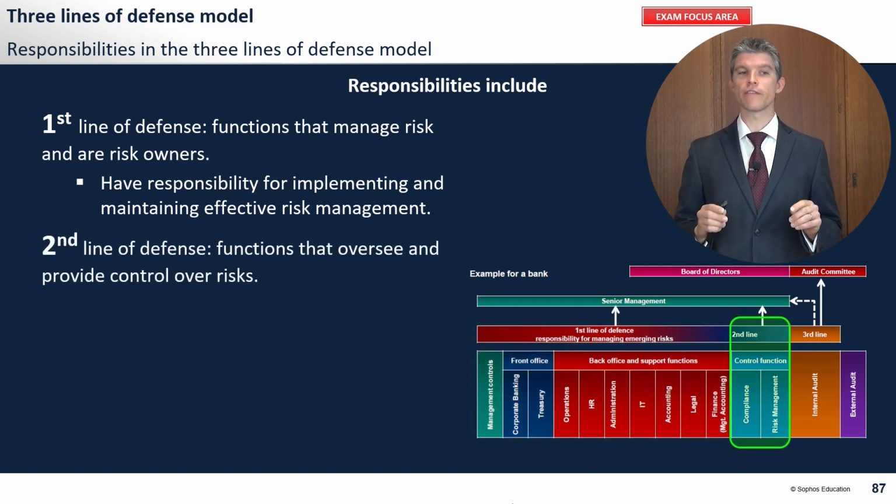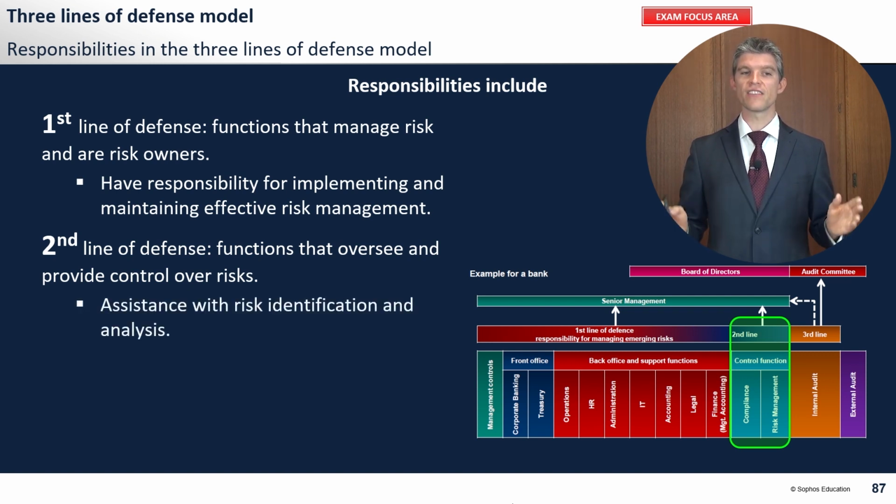The second line of defense, functions that oversee and provide control over risks. They assist with risk identification and analysis, they aggregate data, and they help on reporting, one or two levels up.